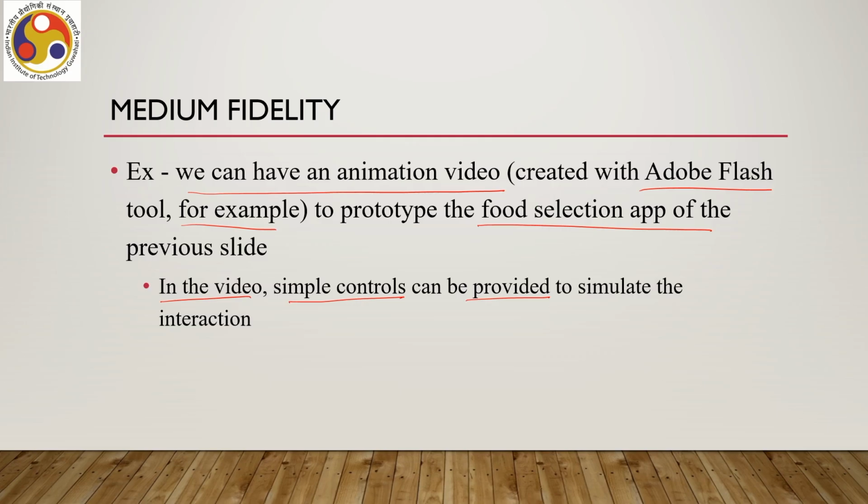So, to change the screen, we can simply press a key in the video. So, that is possible. In that way, we would be able to implement a vertical prototype. So, that is one way of utilizing a computer to build horizontal or vertical prototypes, but still without involving any coding.